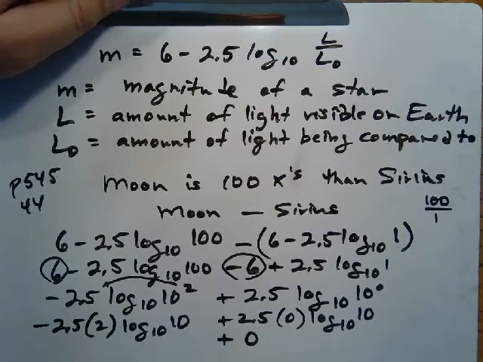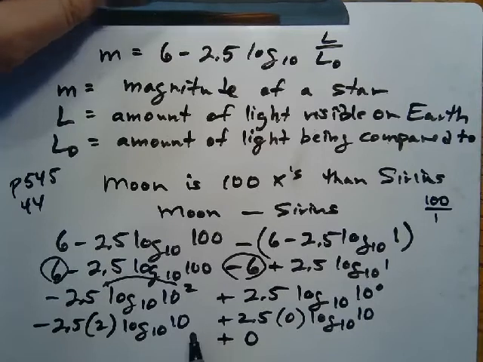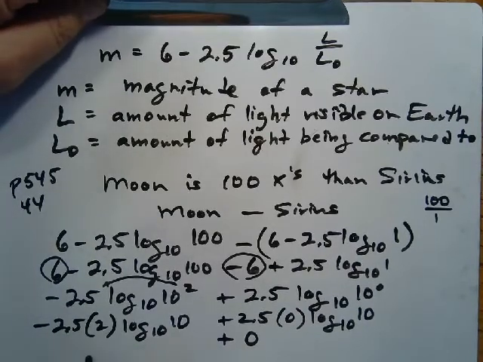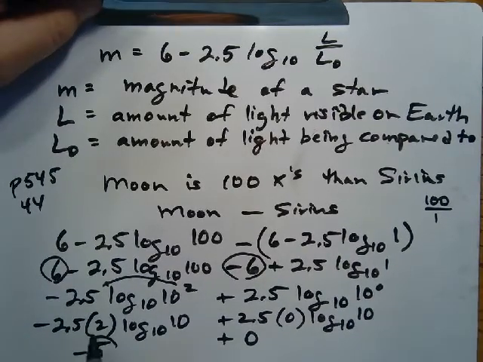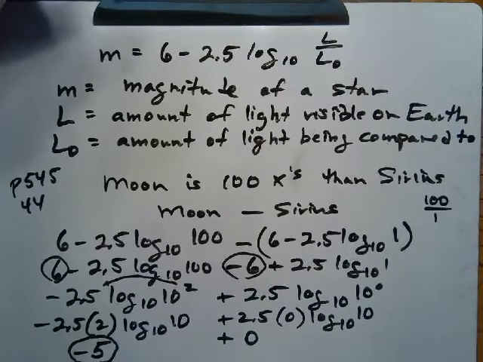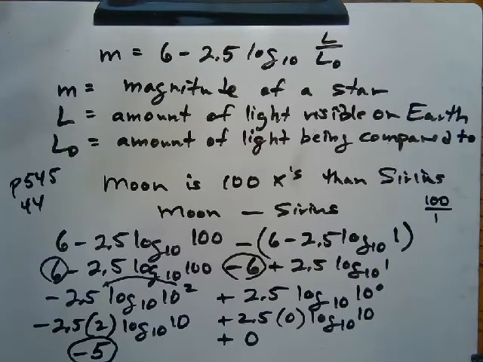Well, what is log base 10 of 10 if it's not just 1? So my answer here is minus 5, or we could say it's a difference of 5 magnitude star. The star's magnitude is 5. There's a couple of other ways to set this up where you would have ended up with a positive number here, but this tells us the difference between the two magnitudes.